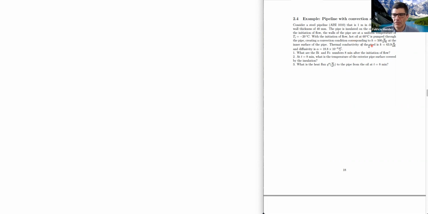Here we have the properties of steel, and let's solve one step at a time. This is problem 5.5 in the book.